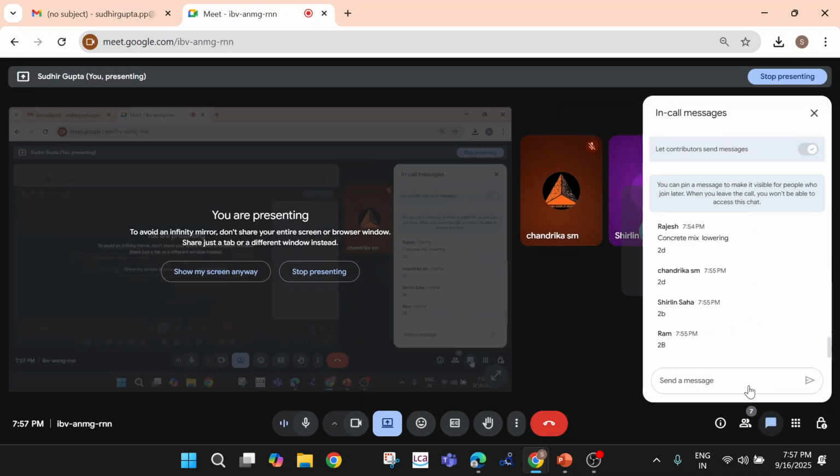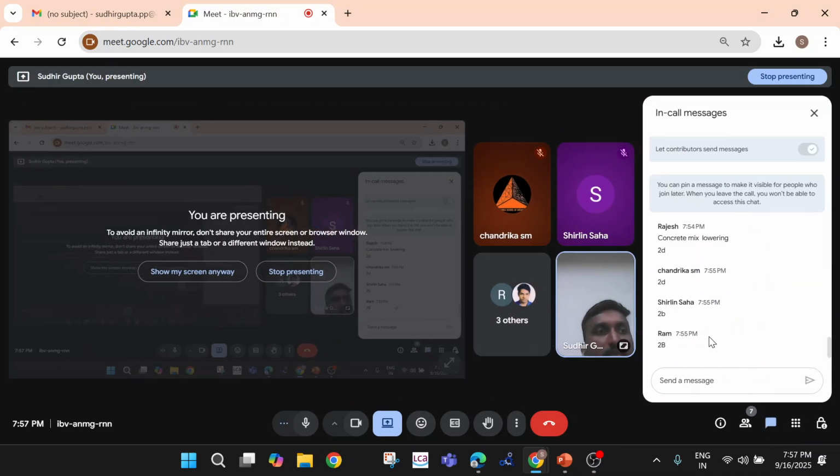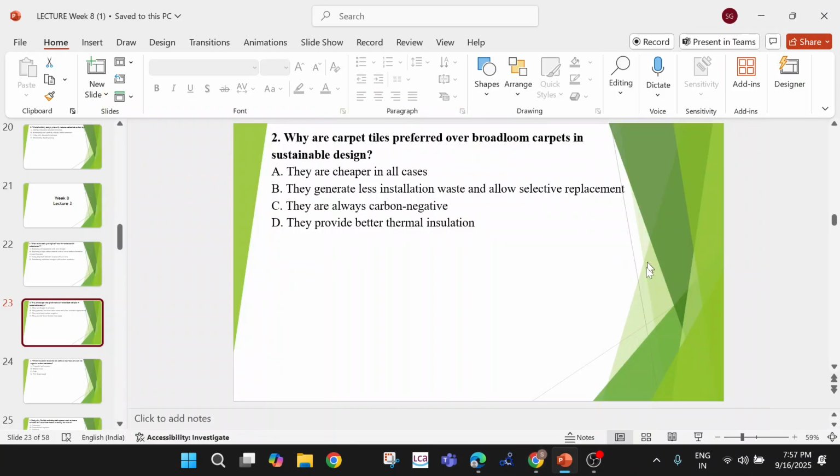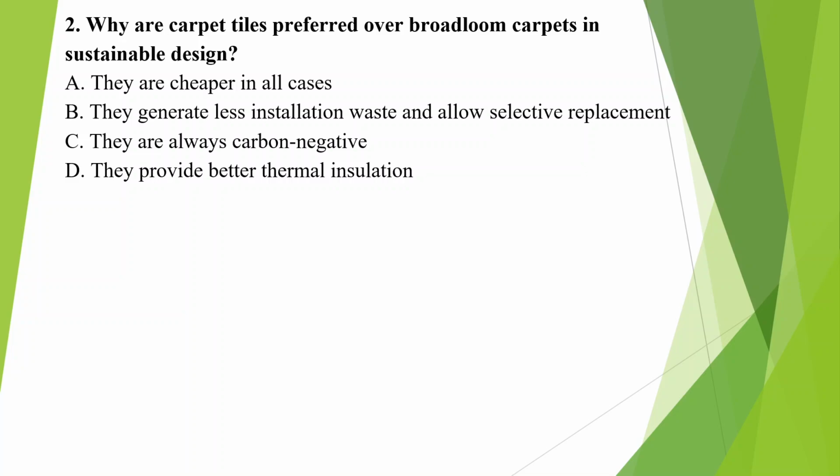As all of you can see in your chat box, for question number 2, option D has been marked by 2 of the students and option B has been marked by 2 of the students. The students who marked option B are absolutely correct, and those who marked option D are incorrect.